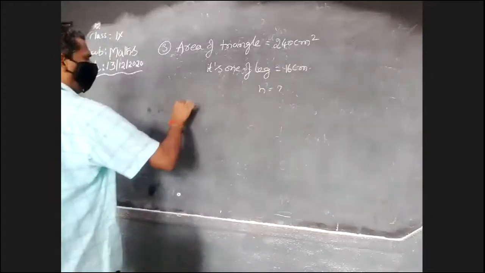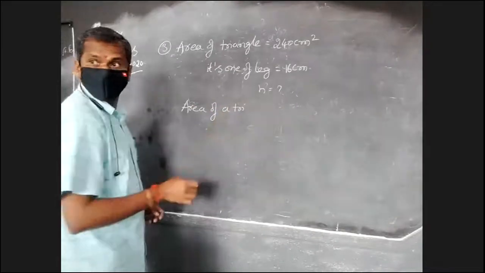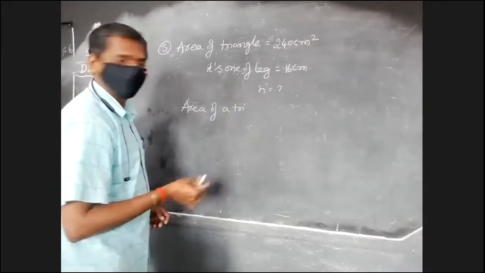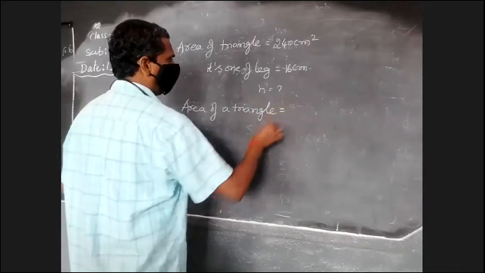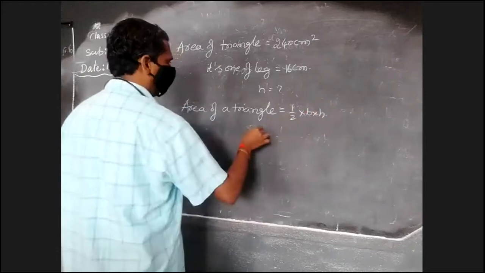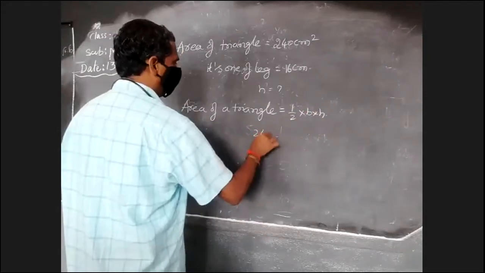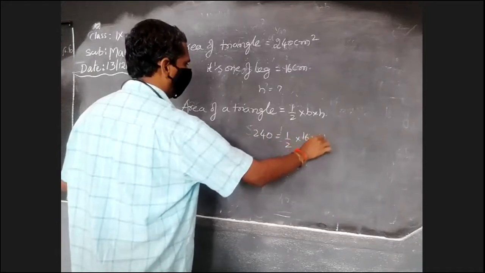Therefore, area of a triangle is half into base into height. So that is 240 equals 1 by 2 into 16 into height.